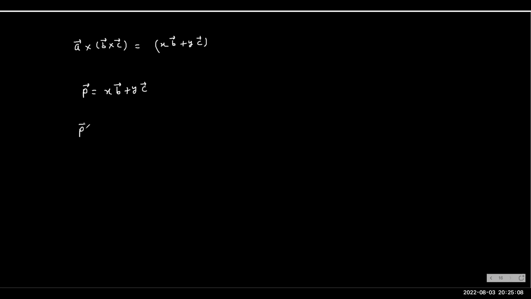So what is P cross A vector or A cross P? I like A cross P. No, not cross, I will take dot. So what is the P dot A vector? Now P is in the plane of B and C. So P dot A will be how much, guys? You can just multiply both sides.